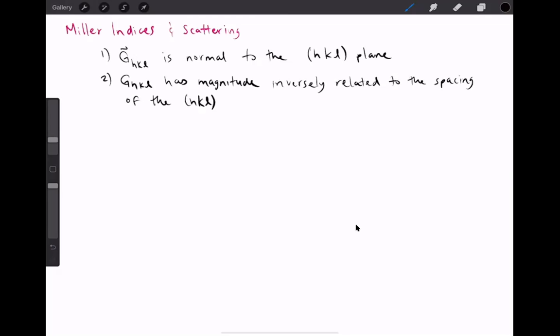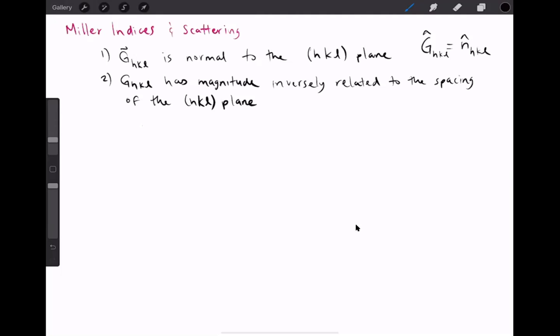So there's not just one plane. When we're talking about the 1,0 plane, we're talking about all of the planes that are separated by the same distance, a unit of 1, that go just in the x direction. So I can rewrite these two things. This normal vector HKL is equal to the normal to the plane HKL.